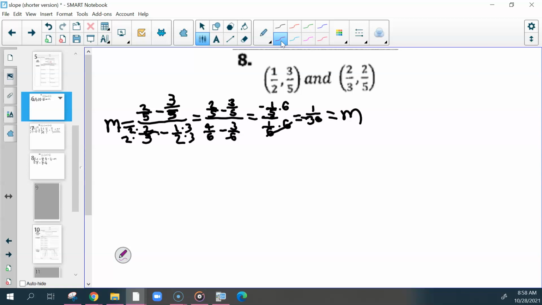This was close, but these would have canceled, yes, and this would have become negative 6 over 9. But everything else was good. So negative 6 over 5 was your answer to number 8. Any questions on that one before we go over 9?